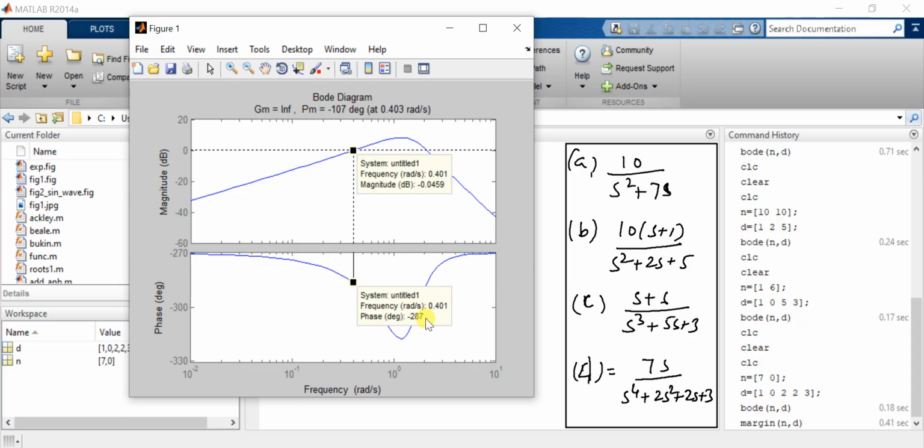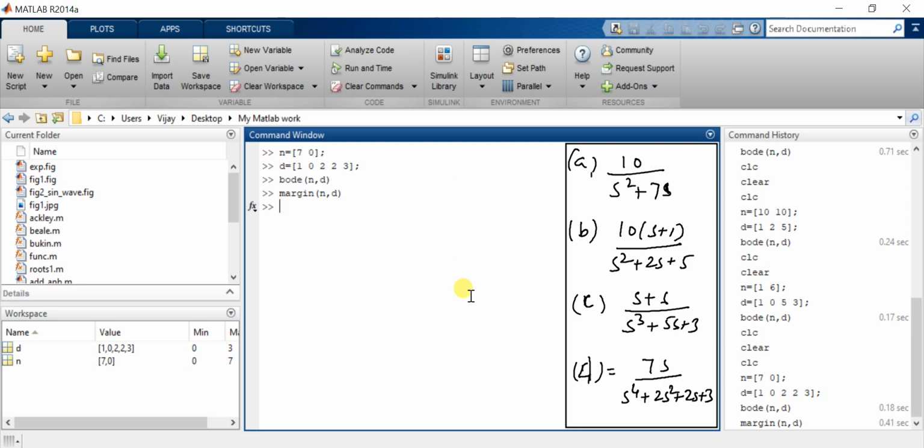When you add 180 degrees, it will give you minus 107, and the frequency is 0.041 radian per second, which is nearly equivalent to 0.403. I hope this is clear to you.